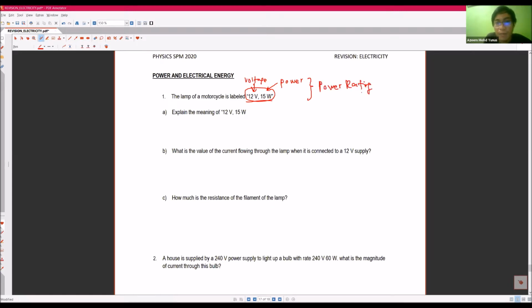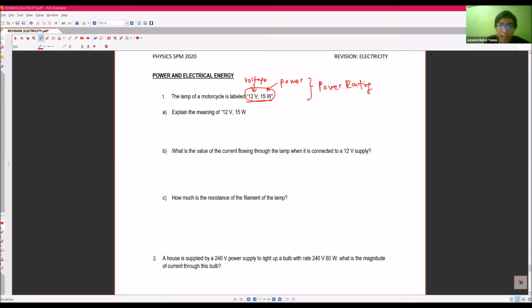Every electrical appliance that uses electricity must have a power rating, even your smartphone or scientific calculator.